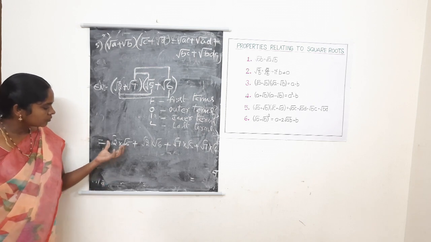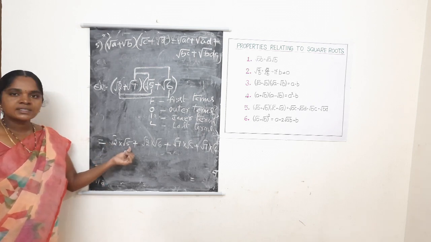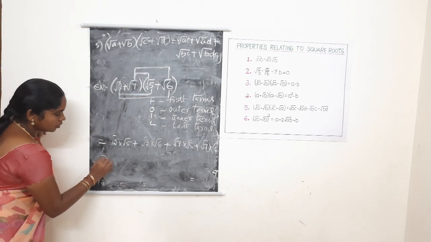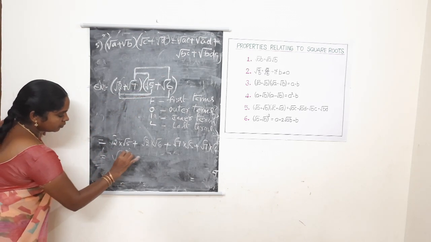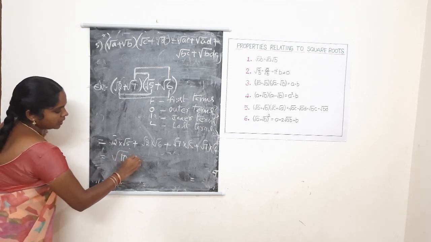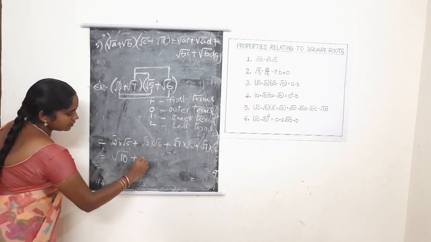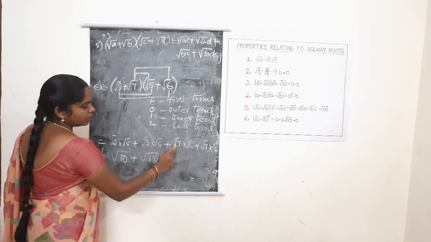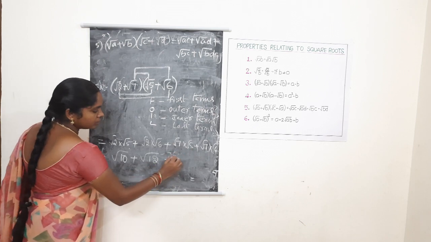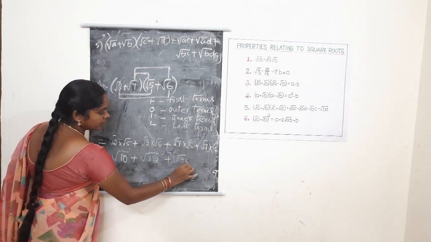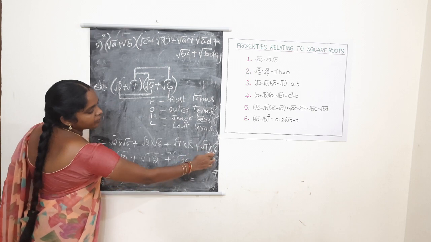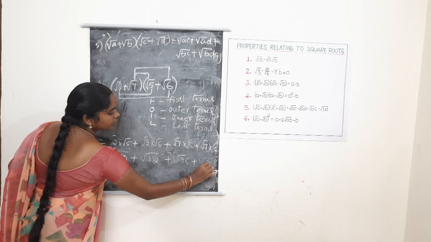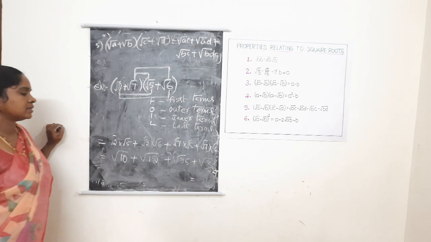Now √a into √b is equal to √ab. So √10 plus √12 plus √35 plus √36.